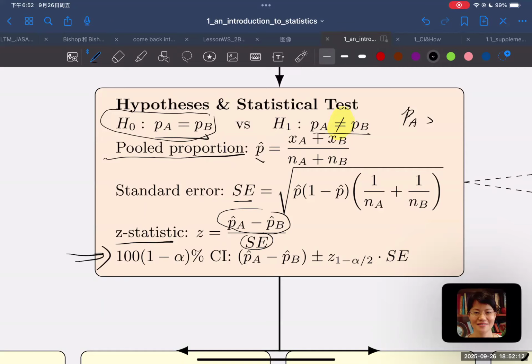So if such an event rarely occurs, then you have to reject your null hypothesis. So p-value less than alpha. And also you may consider p-value greater than or equal to alpha. That means you would fail to reject H0. Why? Because such an event has a large chance to happen.